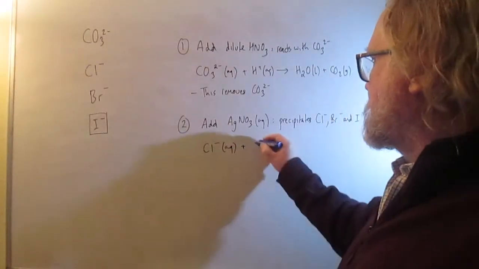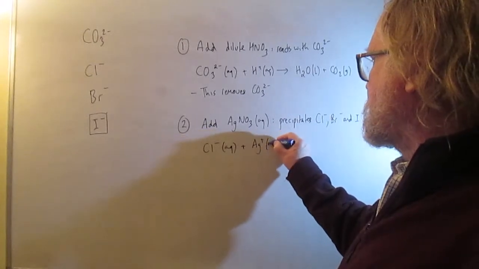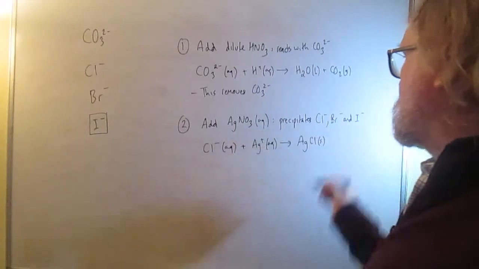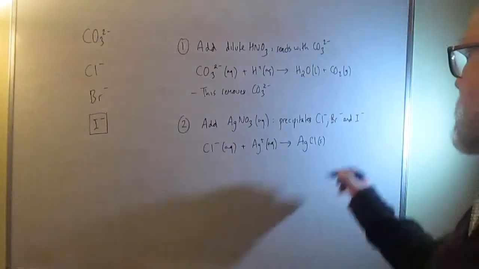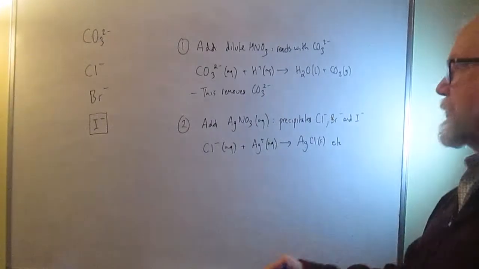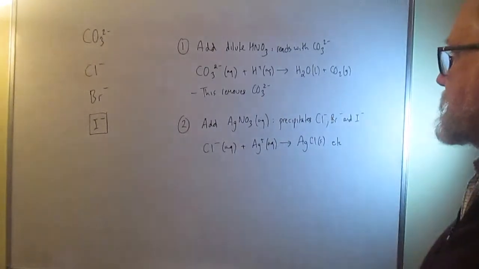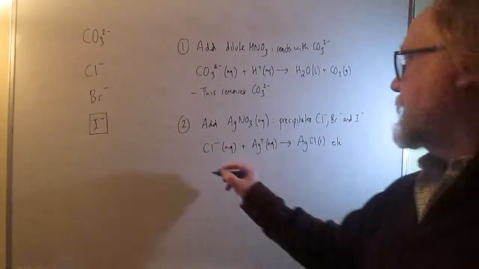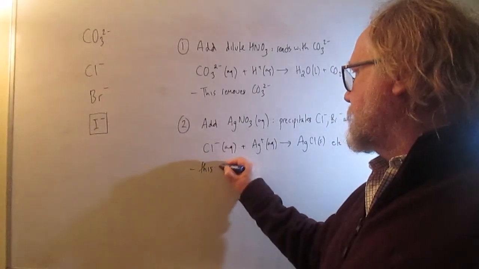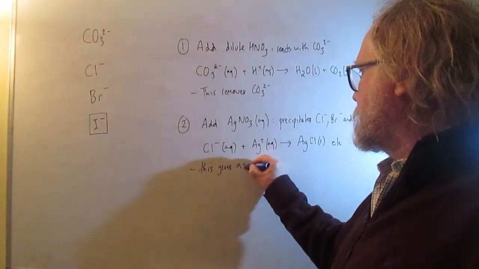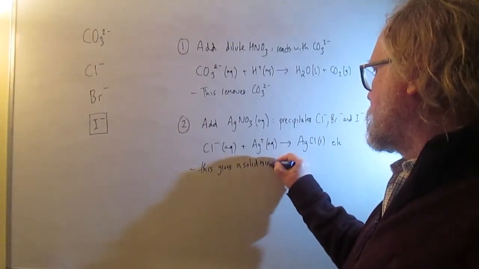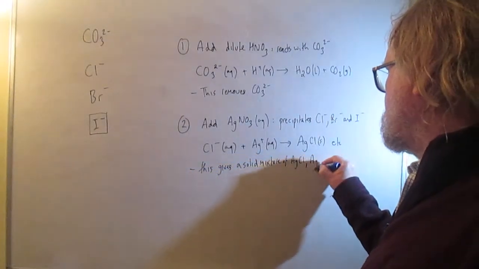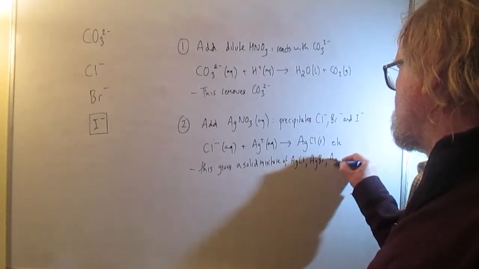So chloride ions, for example, meet the silver ions and form solid silver chloride. And you know, you could write the other 2 out if you want, but obviously it will just have bromide and iodide doing the same thing. So that's the second step. So now this gives a solid mixture of AgCl, AgBr and AgI.